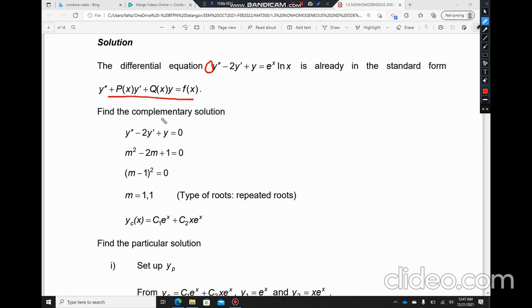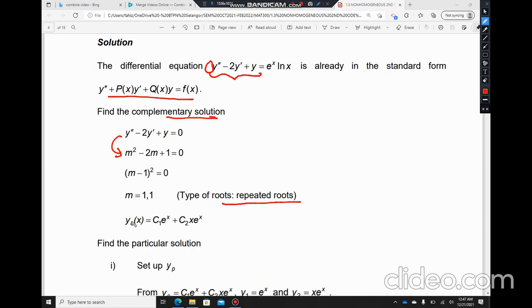Okay, first find the complementary solution. Dekat sini kita ambil yang sebelah kiri, tukar kepada auxiliary equation. Dia akan jadi m square minus 2m plus 1 equals to 0. And then we need to find the roots. Okay, this one we get m equals to 1 and 1. So this is repeated roots.